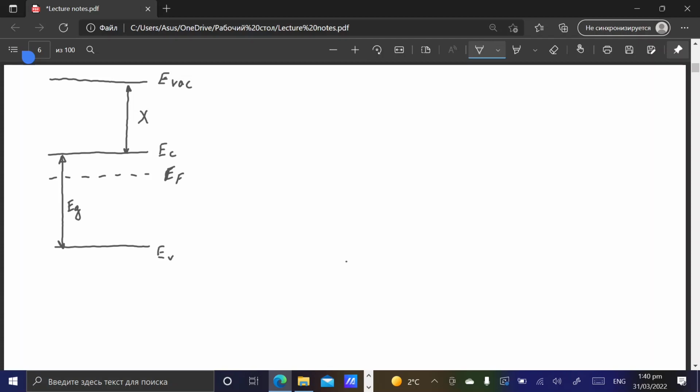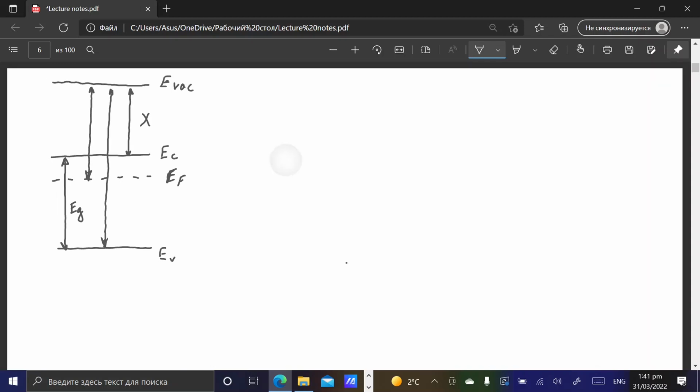There is an energy gap between the top of the valence band and vacuum level, which is called ionization potential. It defines how much energy we need to put into the system in order to transfer electrons from the top of the valence band to vacuum level, means to literally extract an electron from the semiconductor.